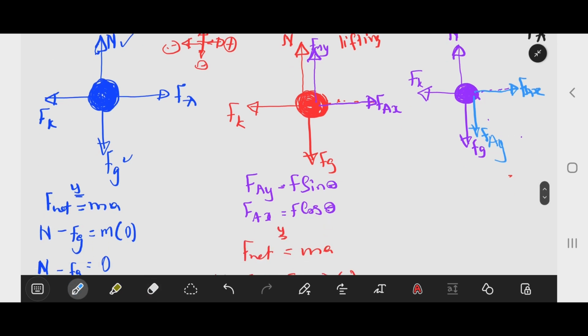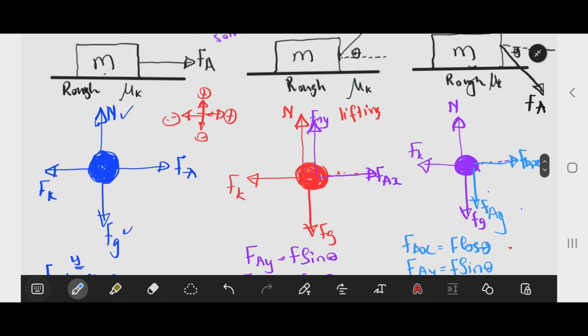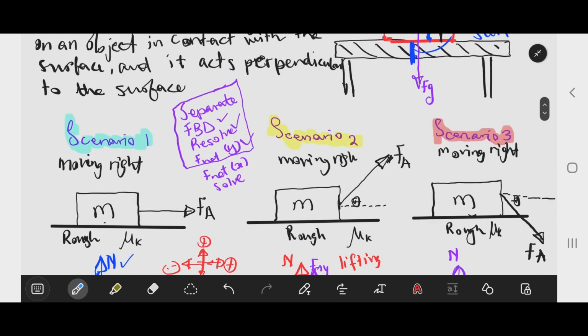By calculation, Fax would be F cos theta and Fay would be F sine theta.